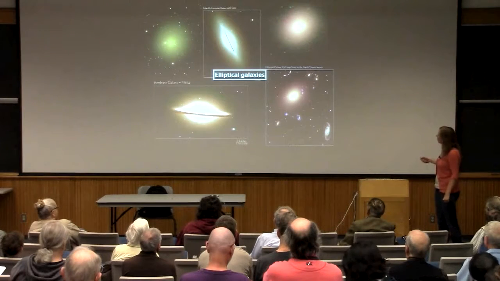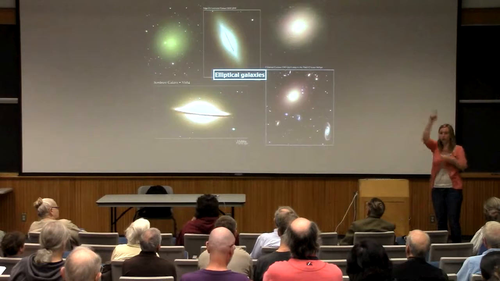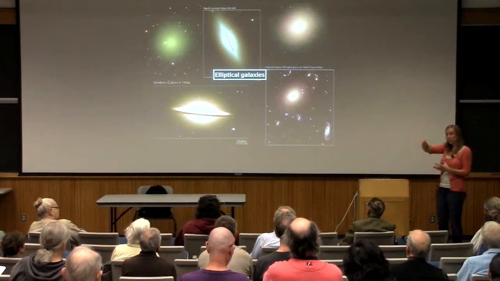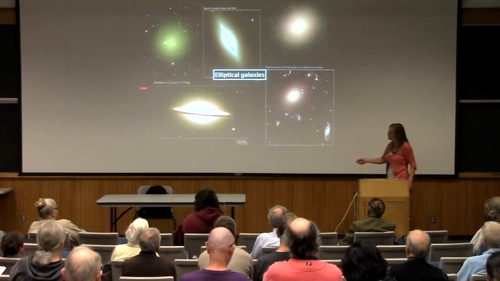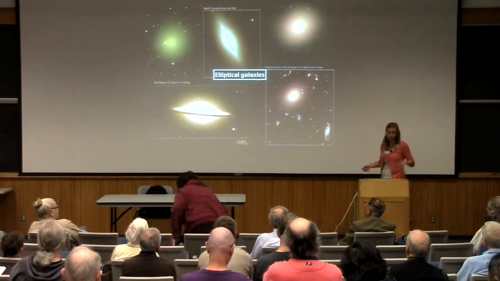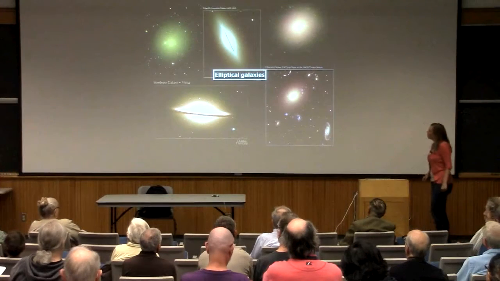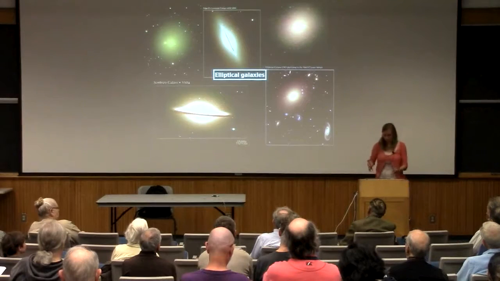They're roundish, and they're not really rotating. All the stars are going in all sorts of directions. There's not a major rotation in the system. Some of them have a disky thing in them, a disk of dust. But most of them are very roundish, kind of, yeah, sort of boring.